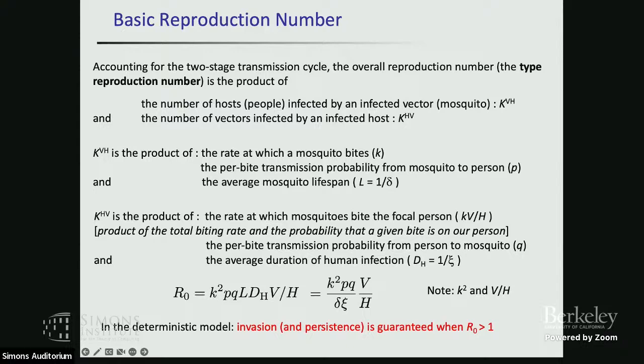So it's the number of secondary infections from a person back to a person, or from a mosquito back to a mosquito, and they're the same thing. So I call those type reproduction numbers. So we have to multiply the number of people infected by an infected mosquito by the number of mosquitoes infected by an infected person.